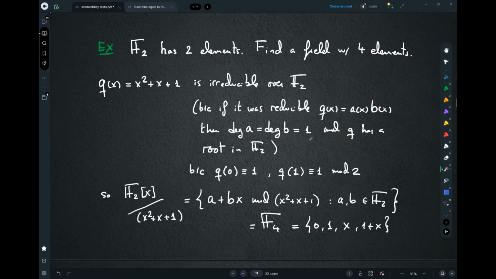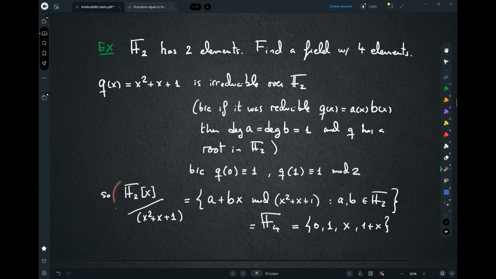But a polynomial of degree 1 means there would be a root over F_2, and over F_2 I can check: 0 squared plus 0 plus 1 is congruent to 1, and 1 squared plus 1 plus 1 is 3, which is congruent to 1 modulo 2. So there are no zeros modulo 2, so this has to be irreducible over F_2.